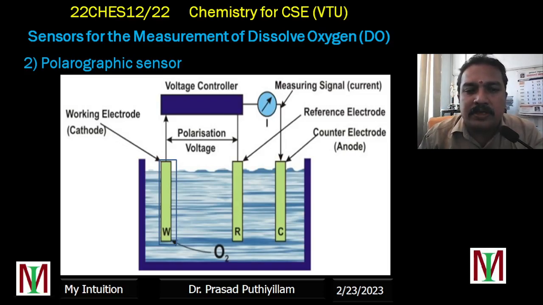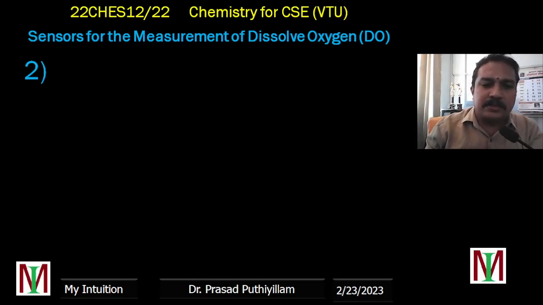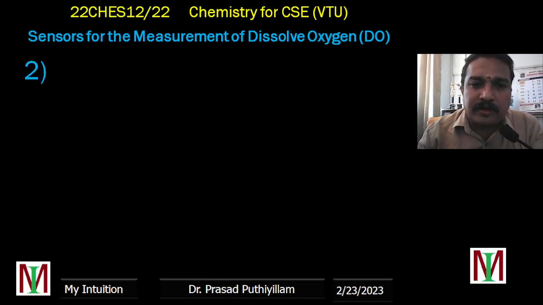So how much oxygen is present, that much reaction takes place, which can be measured as a current. By giving voltage and measuring the current, it is directly proportional to the amount of oxygen present. That is the simple principle behind the polarographic sensor.